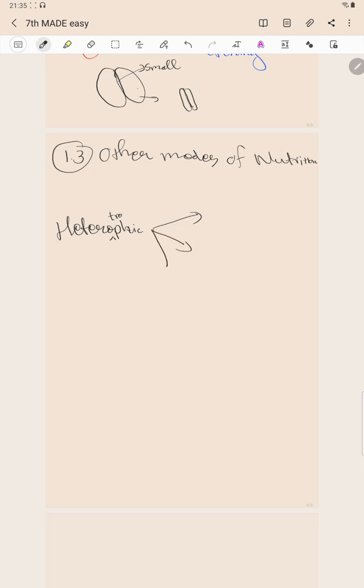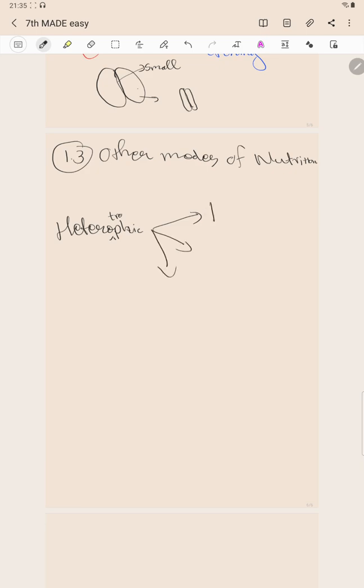As 1.3, that is the other modes of nutrition of plants. We told that plants usually have autotrophic modes of nutrition, but there are certain plants which have a heterotrophic mode of nutrition. So heterotrophic mode of nutrition can be divided into three.